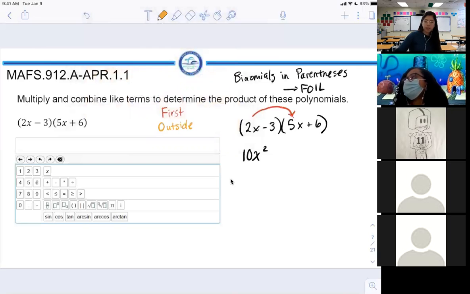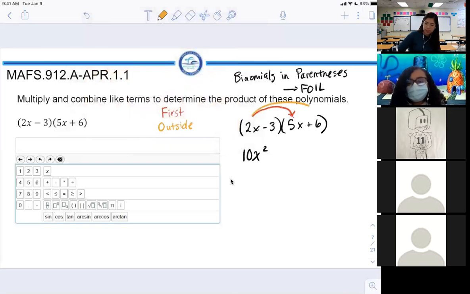Outside, O stands for outside. What are my outside terms? So it's not -3 and 6. Think of it. Which ones are on the outside? 2x and 6. Yeah, that's right.